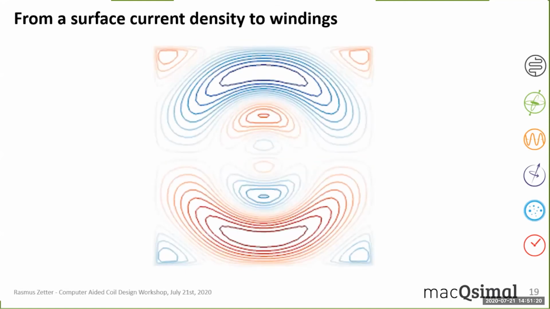And of course, you can choose the number of isolines freely. More isolines or contours results in a better approximation of the continuous surface current density. But at some point, they might come so close to each other that manufacturing is tedious or impossible. Right, so that's a trade-off there.